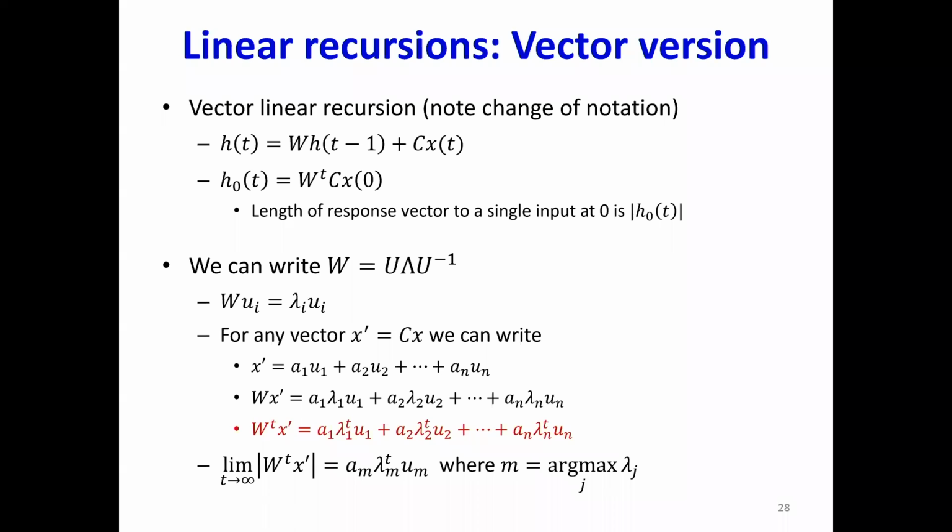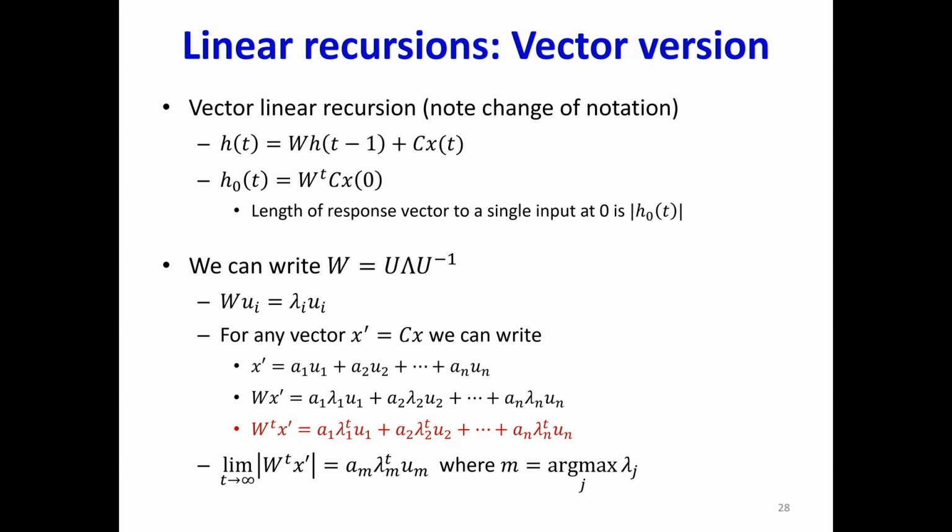That makes sense? Right. What happens if I multiply x with W? What is Wx? That's going to be a1 times Wu1 plus a2 times Wu2 plus a3 times Wu3, and so on. Right?